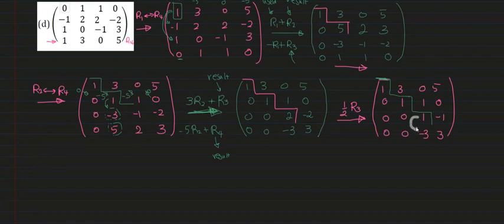So I need to use that one to turn this negative 3 into 0. So I need this one to multiply it with 3, right? And then add it to the negative 3. Okay, negative 3 lies in row what? In row 4. So we will add it to row 4.